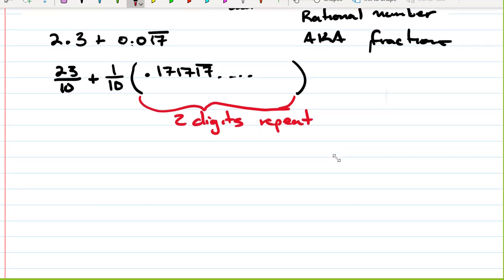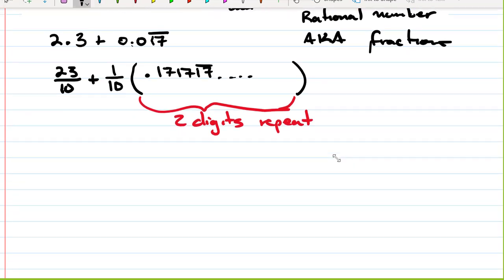So if we focus on that, we can write this whole part in here as 0.17 plus, but then I don't want to change the 0.17, so I would have to add some zeros: 0.0017 plus, now I don't want to change that second group, so I have to add a couple of zeros, and now to get to the third group out here, I'd have to add 1, 2, 3, 4 zeros.